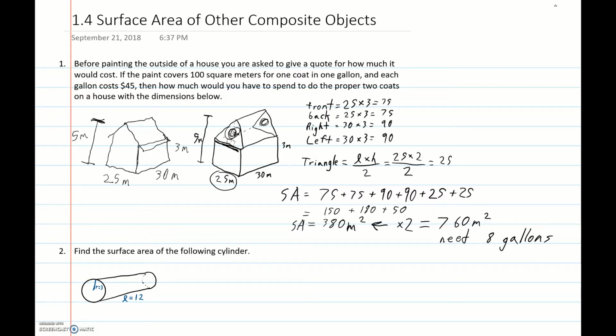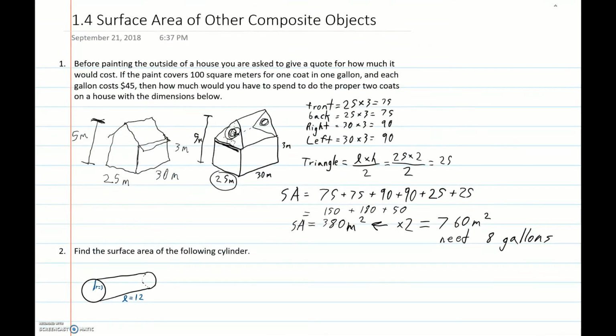Which means, coming back to our cost, it's $45 times the number of gallons, 8 gallons, and now we have to do this, which is 5 times 8 is 40, excuse me, 40 plus 4 times 8 is 32.